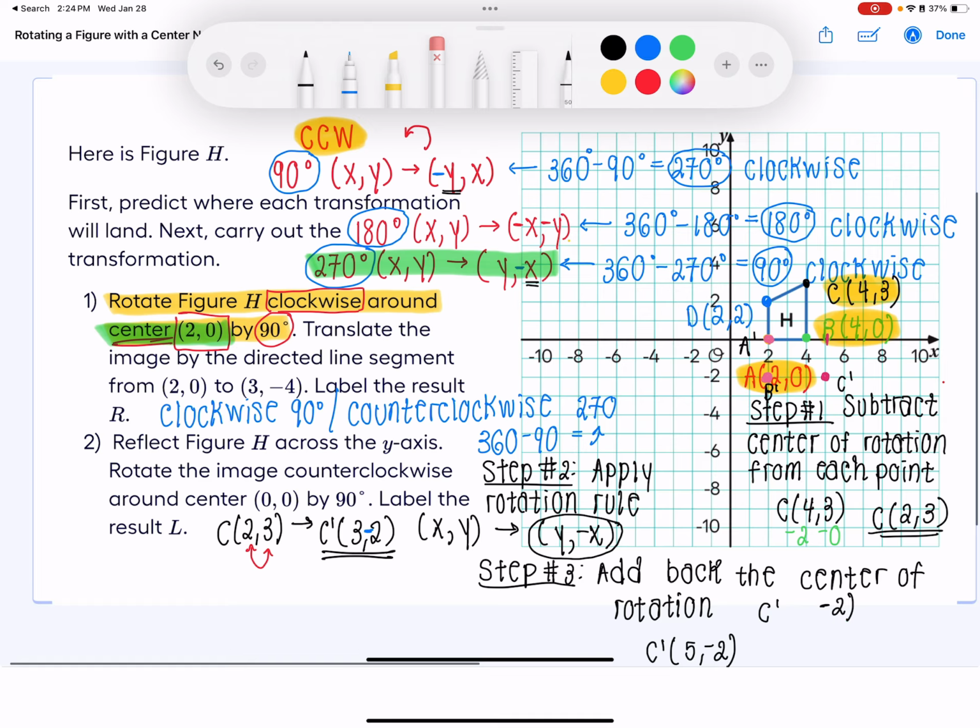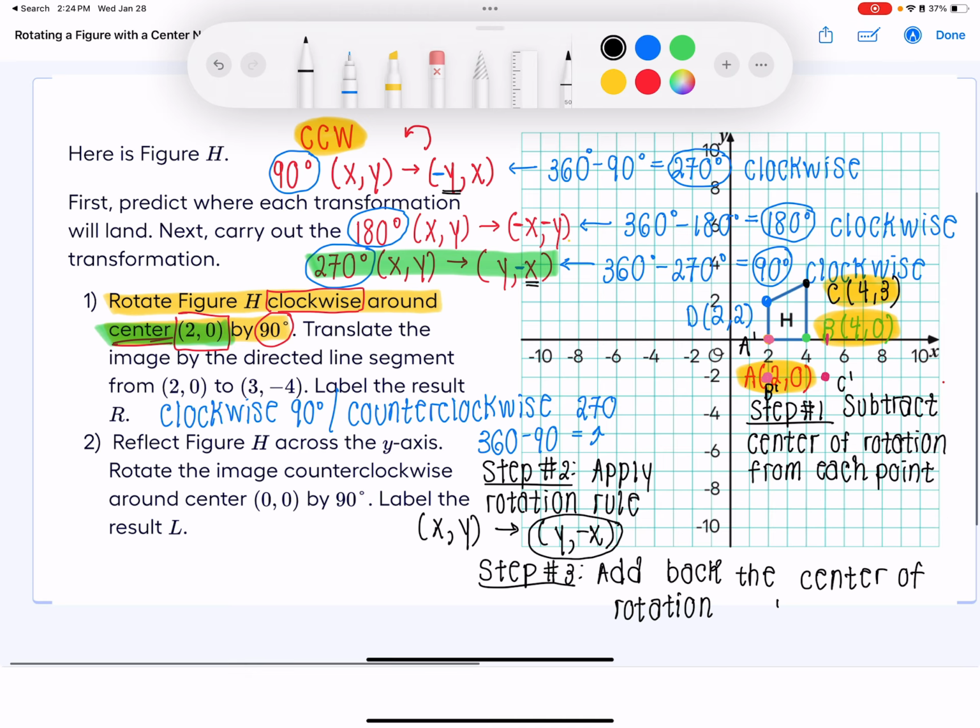All righty, we're going to start again at step number 1. So let's highlight the original D value. D was (2, 2).